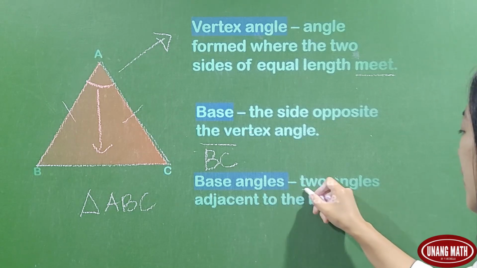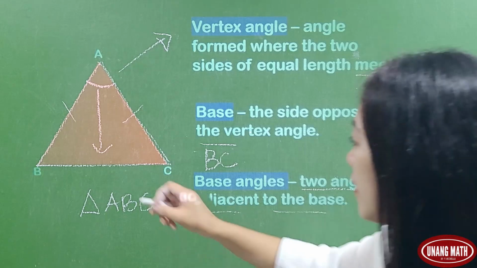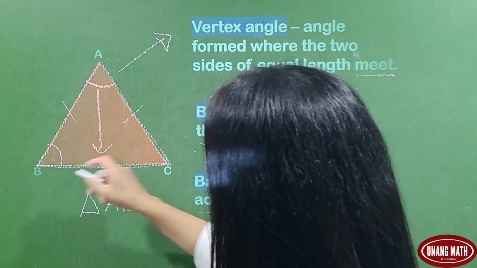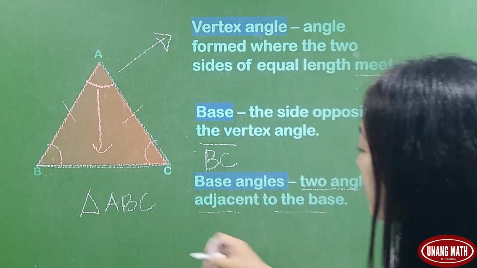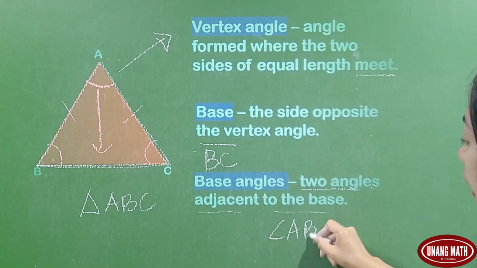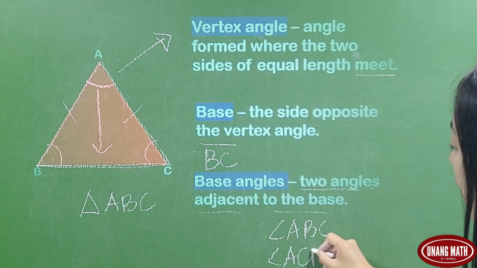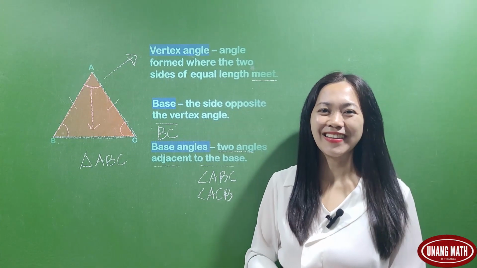Base angles are the two angles adjacent to the base. If this is our base, two angles adjacent to this base are these angles. So this angle ABC and angle ACB are the base angles of this isosceles triangle.